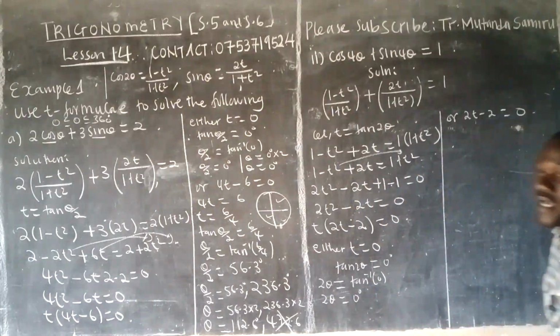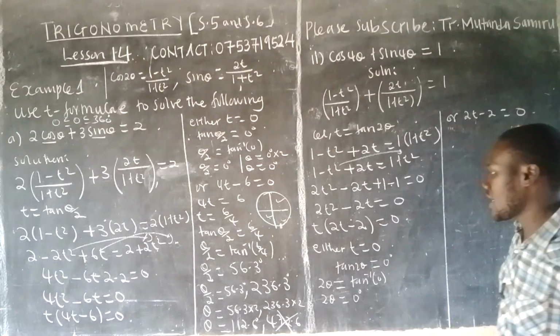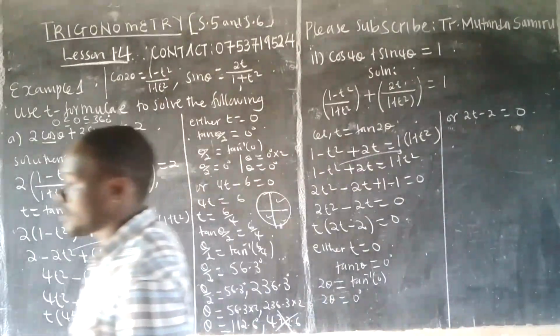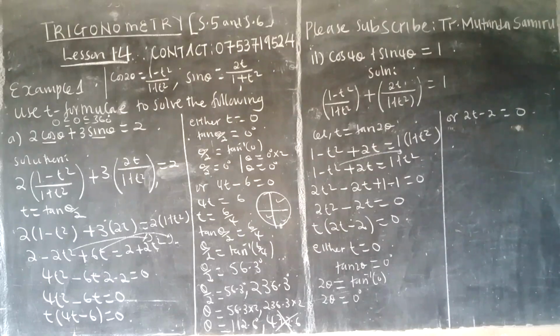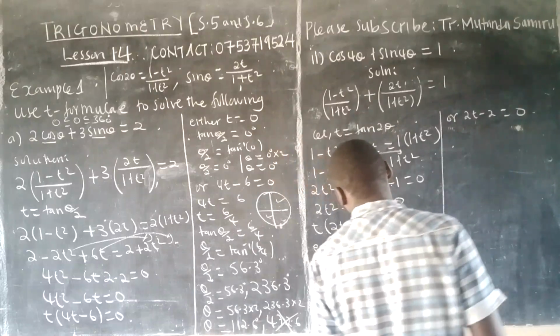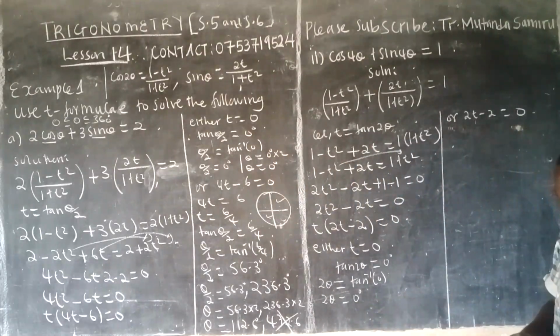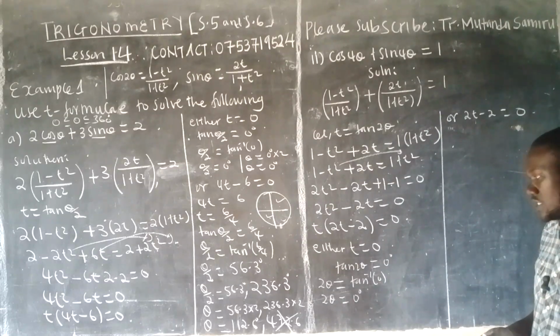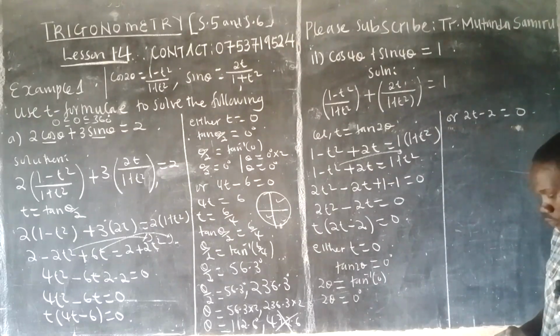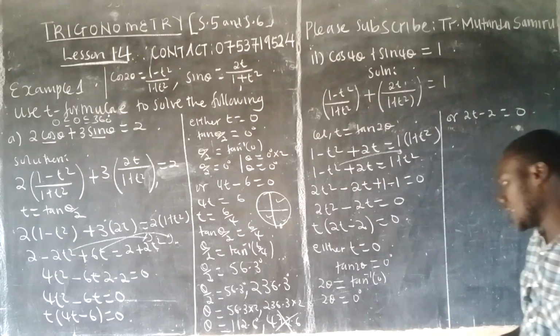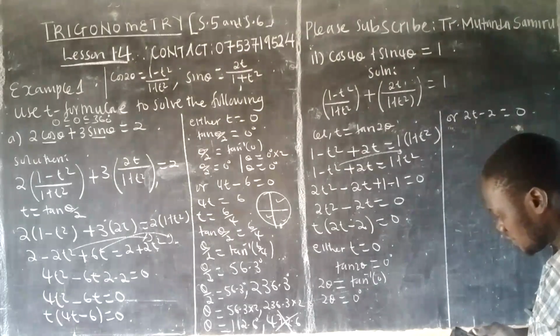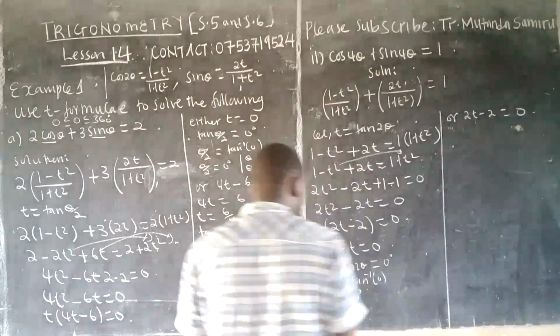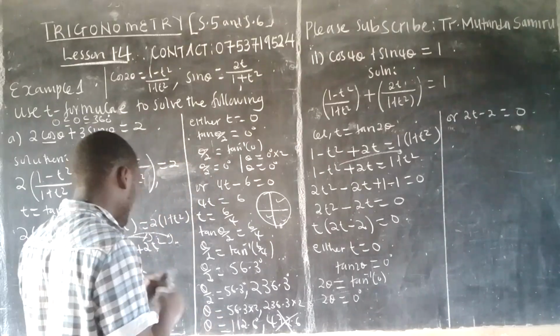Now, 0 on a CAST diagram can't go. It doesn't have a sign, so I'll not waste time looking for it in the quadrants. However, I told you that whenever you have 2 theta, you must always accumulate. How we accumulate, I would request you to go and watch lesson 2 of these videos. Here, I will go direct. In the accumulating, we shall be adding 360.